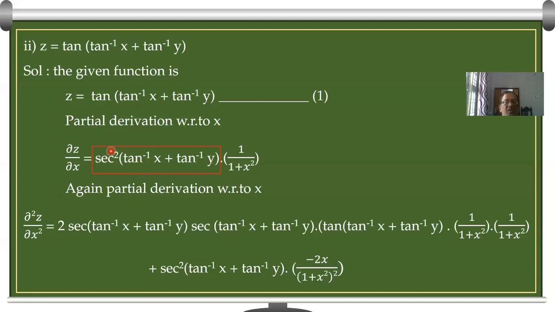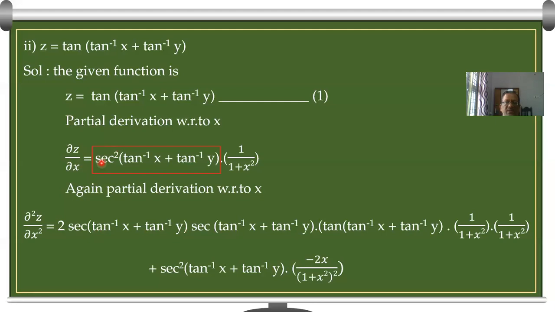Therefore, first I am differentiating the power, using the basic formula x power n, n into x power n minus 1: 2 into sec of tan inverse x plus tan inverse y. Okay, power differentiation is completed.